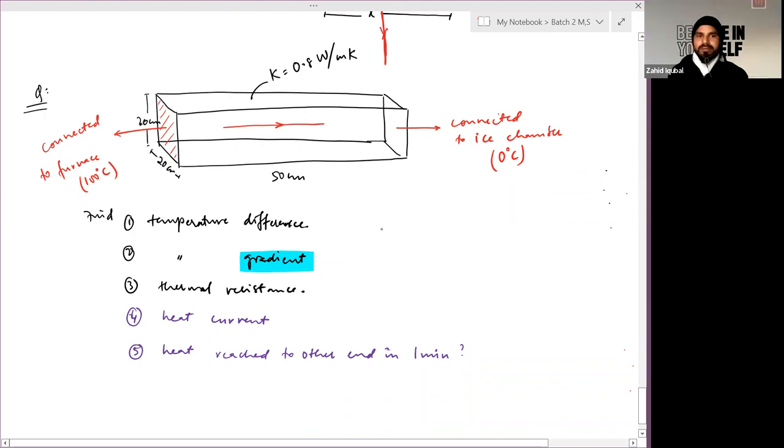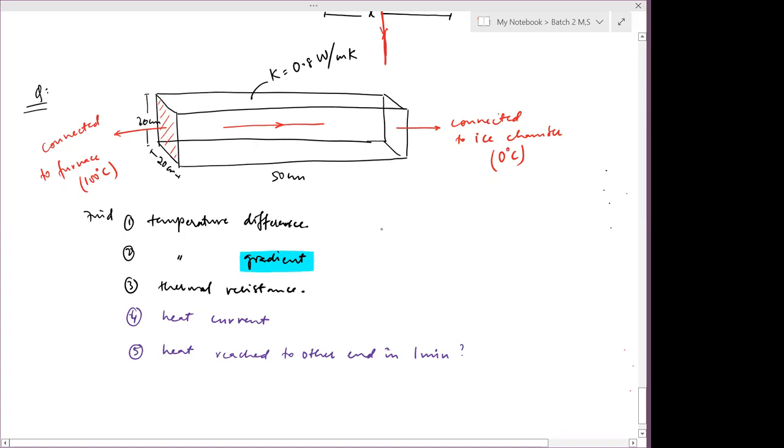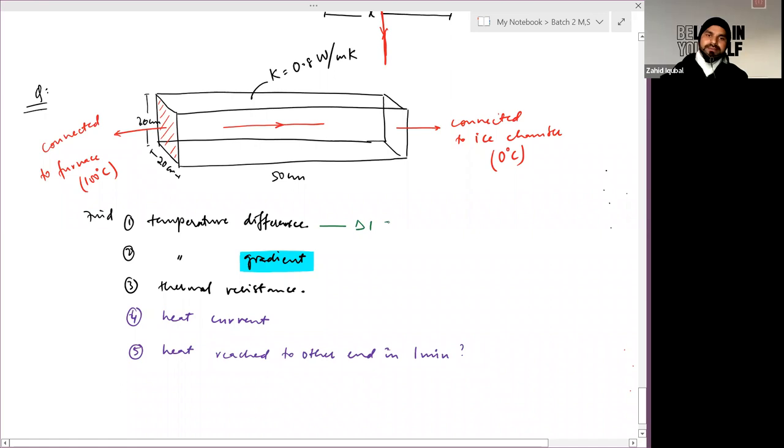Samara, how much have you solved? Sir, only the first one. Temperature difference, that is delta T, means higher temperature minus lower temperature.